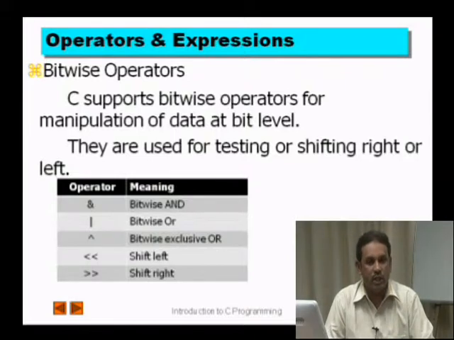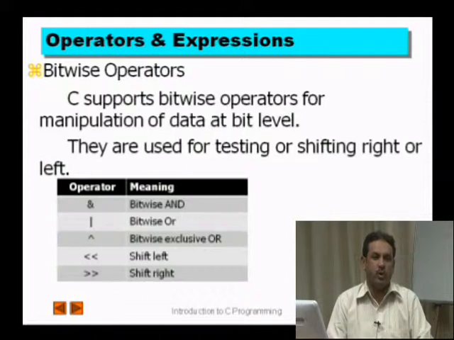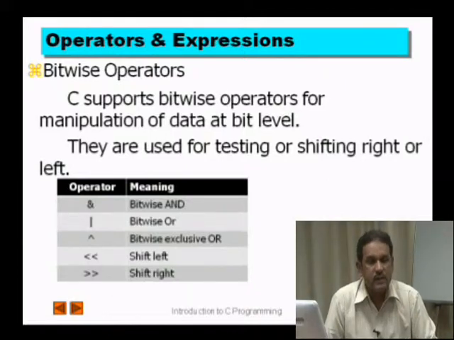You can OR individual bits, 2 bytes can be ORed together, 2 bytes can be ANDed together, or you can do XOR, or you can do shift right or shift left, whatever you want.